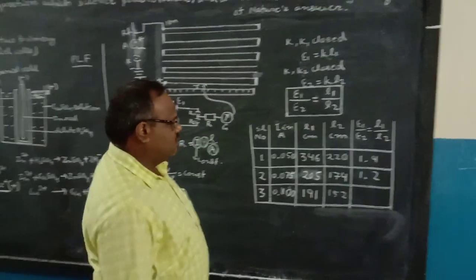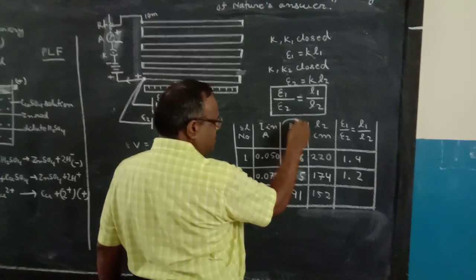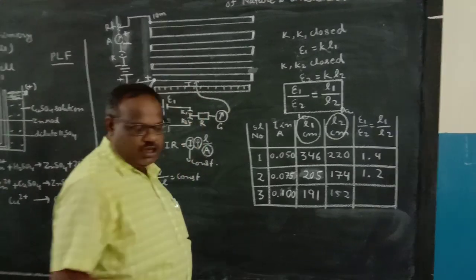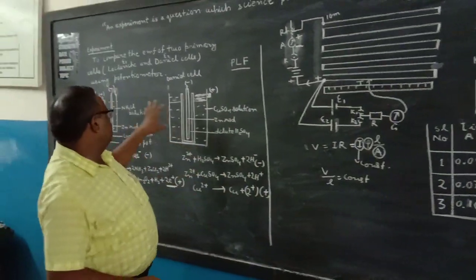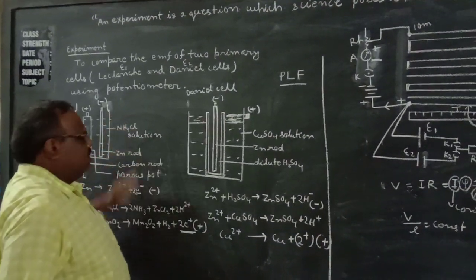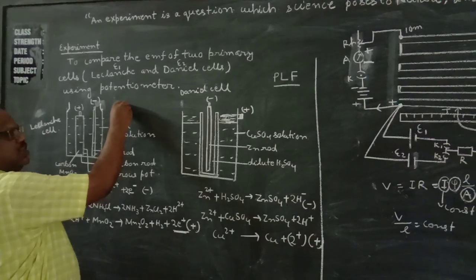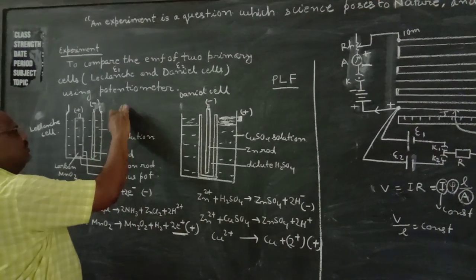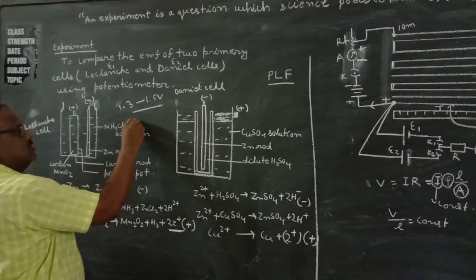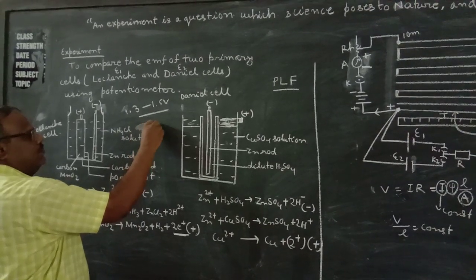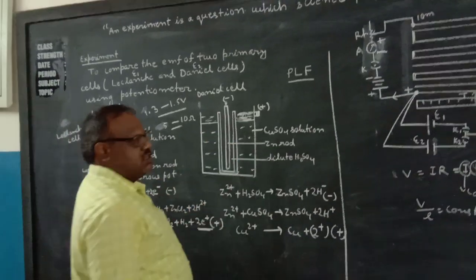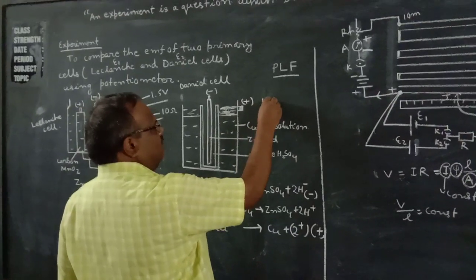Now the main thing is, here this cell is your Leclanché cell and this is your Daniell cell. And remember one thing, always the Leclanché cell will have a voltage in the range of 1.3 to 1.5 volt, and it has a very high internal resistance, which may vary from 5 to 10 ohm. The Daniell cell has very low internal resistance, and its voltage is less, approximately 1.1 volt.